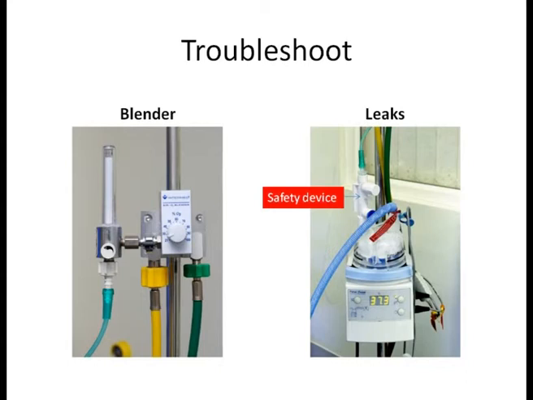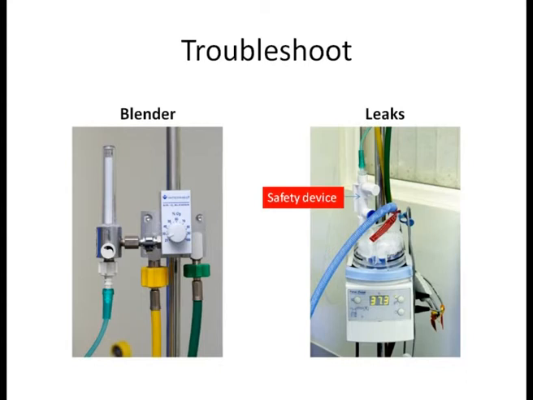When the pressure of gas of either oxygen or air differs by 15% to 20%, the blender is going to give a squeaky alarm. Now this alarm means either the compressor is not working or the oxygen in the cylinders is empty.